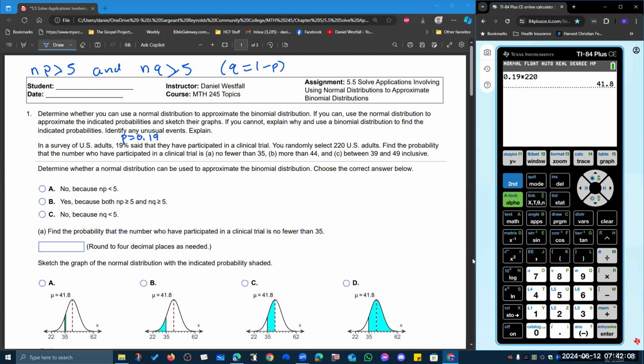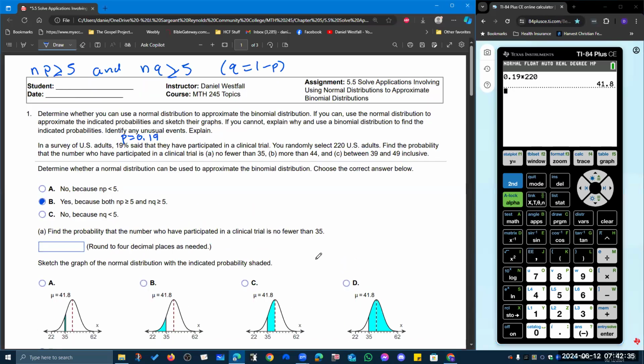If the smaller number is too small, we're done. But we usually only have to test one side or the other here. So yes, np is bigger than or equal to 5, and nq is bigger than or equal to 5.